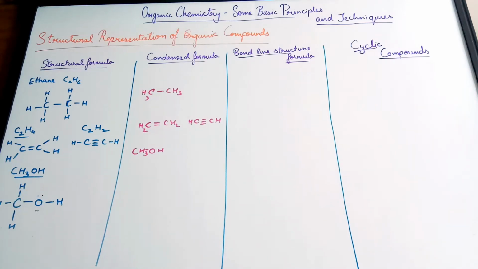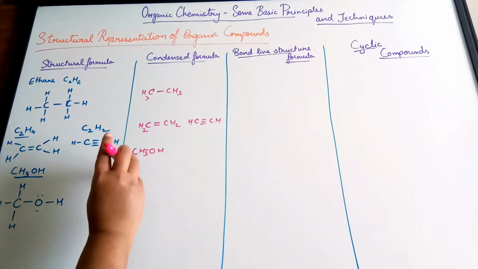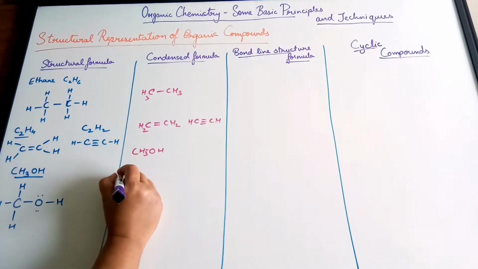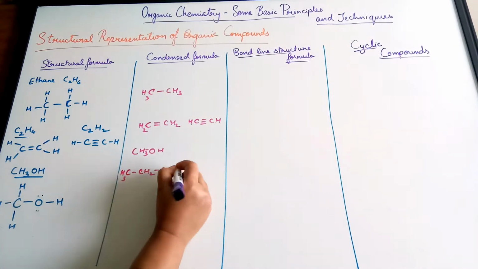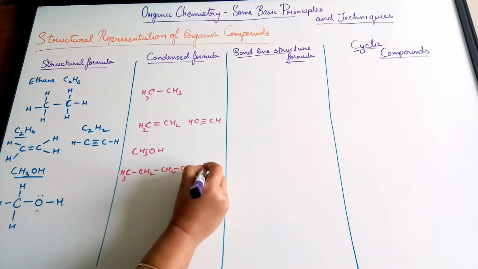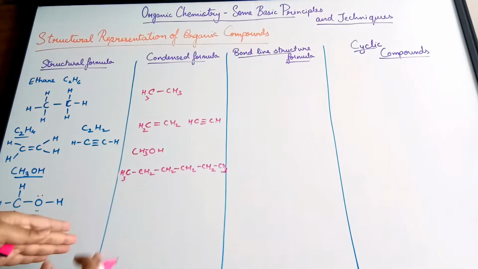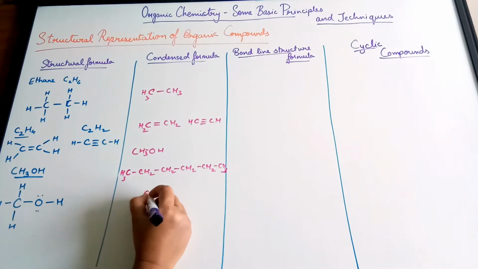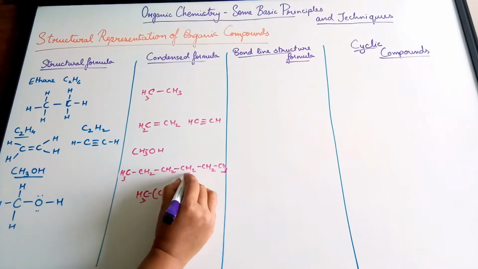Also, another thing that we do is, suppose our molecule has the formula CH3, CH2, CH2, CH2, CH2, and CH3. Instead of writing 4 different carbon atoms and hydrogens, we can just write it as CH3, CH2, 1, 2, 3, and 4.